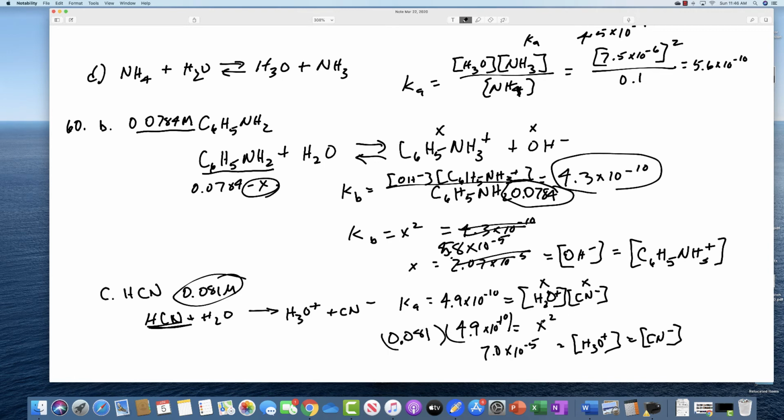So if you take 4.9 times 10 to the minus 10, multiply that by 0.081, then take the square root of that, instead of 7, you get 6.3 times 10 to the minus 5. So let me correct it, do one more where I do it right the first time.